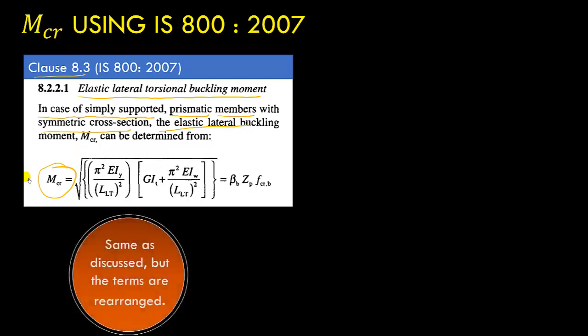The elastic lateral torsional buckling moment M sub CR can be determined from this expression. Now this expression is the same as the previous expression that we derived, but in a slightly modified form. So this is the same, but the terms have been rearranged.